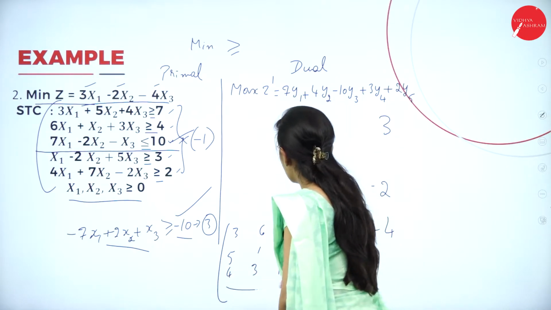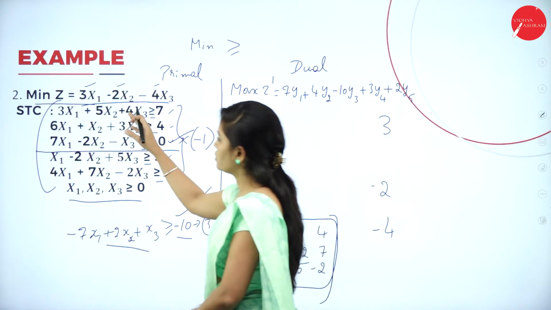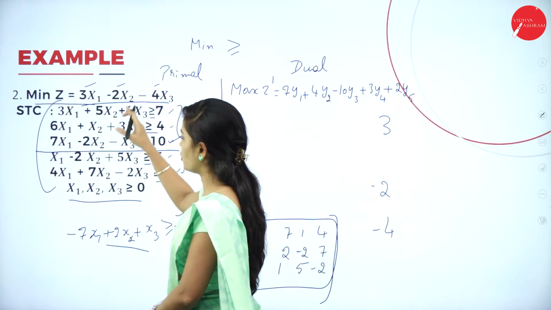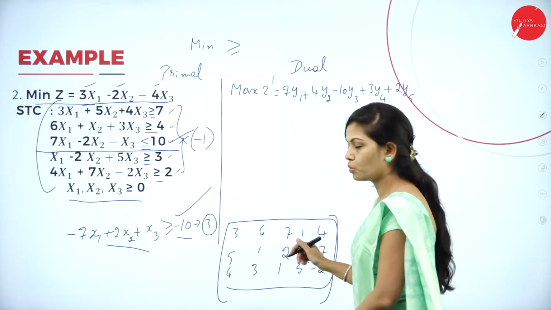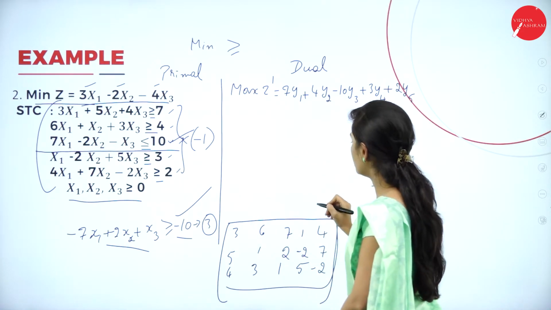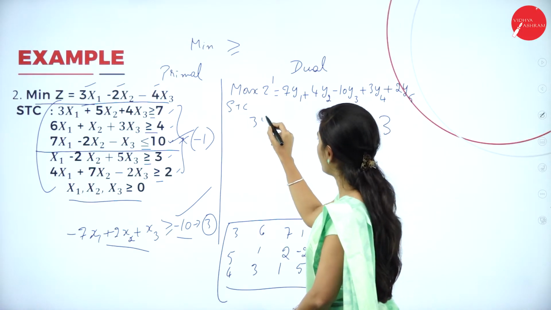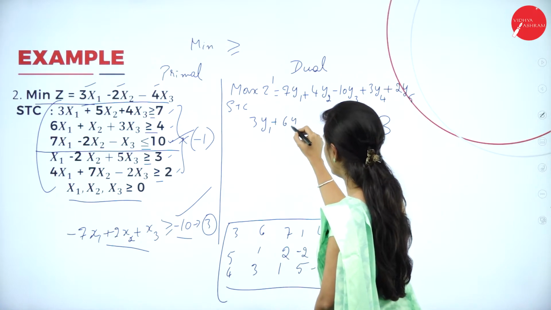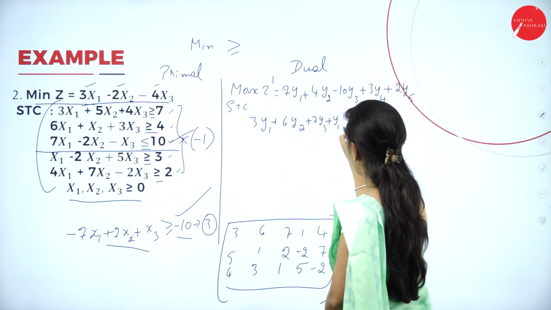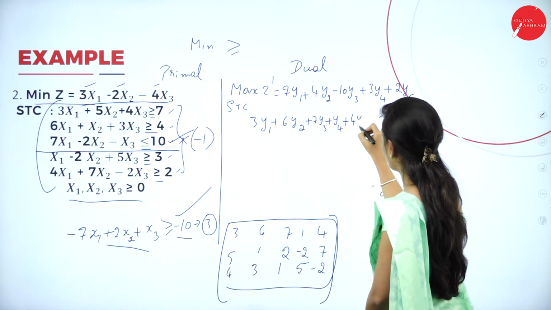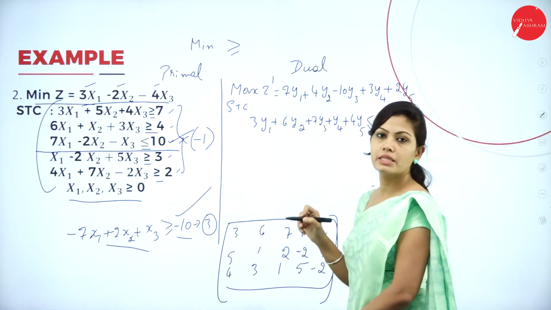So now these are your constraint values. I have 3 columns: first column, second column, third column. All the column values will shift to rows. Now I will write the constraints. Subject to 3y1 plus 6y2 plus 7y3 plus y4 plus 4y5 less than or equal to 3.